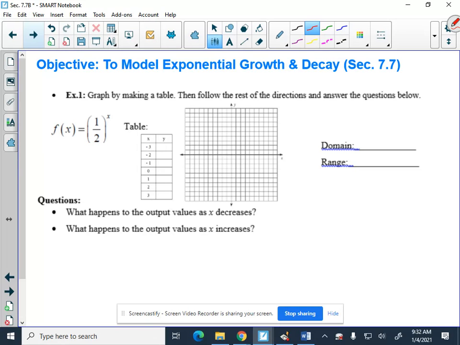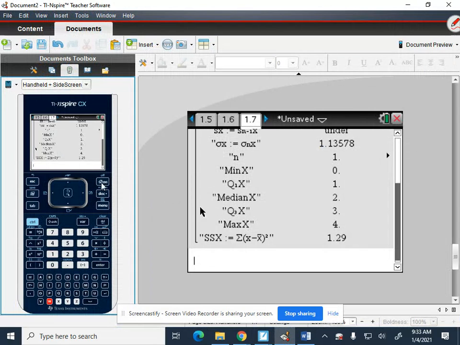Over here, we're going to graph by making a table. So if you have a calculator, we're going to fill this in, and I know it's really small, but we have this 1/2 to the x. We did this a lot in the last few weeks.